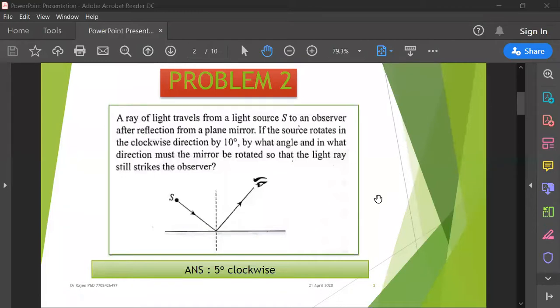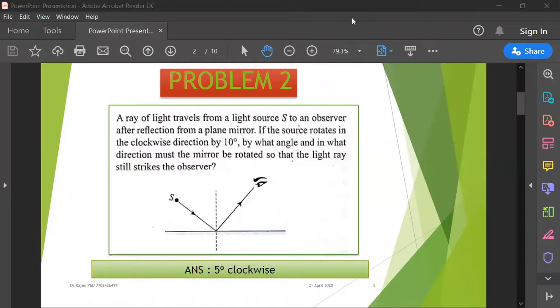The new incident ray is making an angle theta minus 10 with the normal. Now by what angle and in what direction must the mirror be rotated so that the light ray still strikes the observer? Students, the observer is at the same angle.